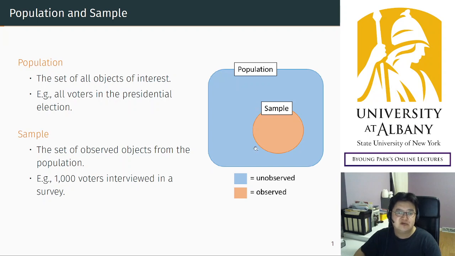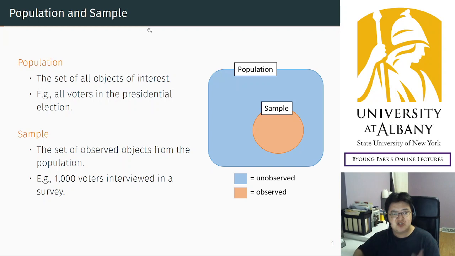Graphically, visually illustrating, the sample is just a part of the population, and most of the population is not observed, but a small sample is observed. Of course, the larger the sample is, the better and the more accurate your inference would be.